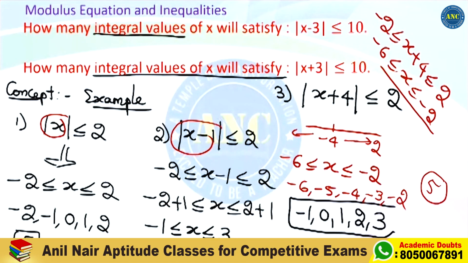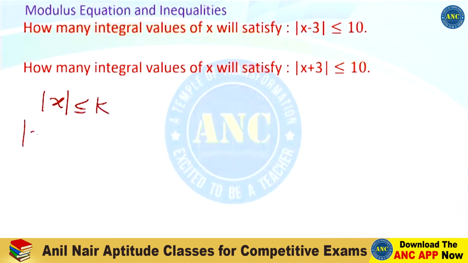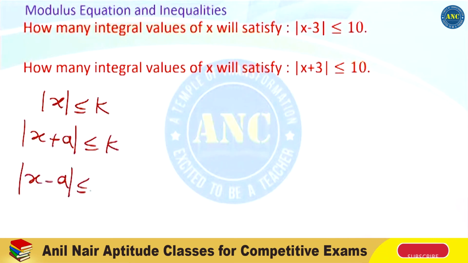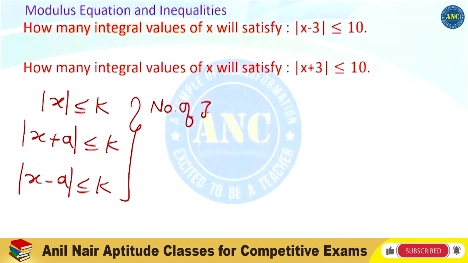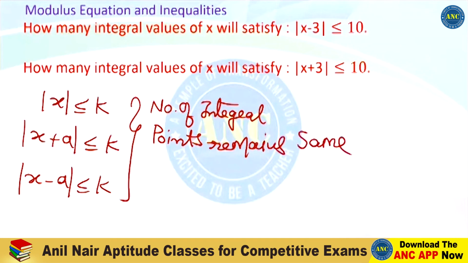See here, sir, listen carefully. Mod x less than or equivalent to k, mod x plus a less than or equivalent to k, mod x minus a less than or equivalent to k: the number of integral points remains the same. It will not change.